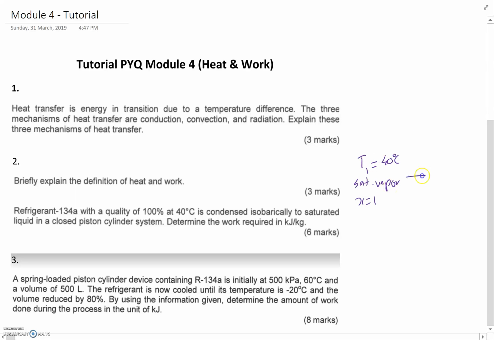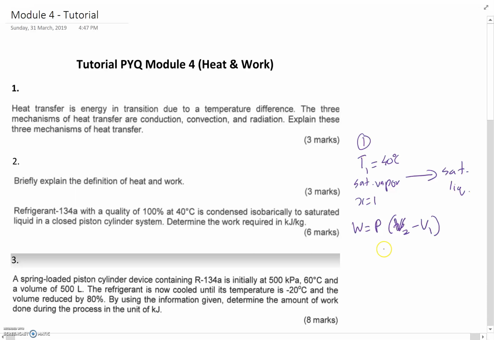And it is condensed isobarically to saturated liquid, so everything has changed into saturated liquid. What is the requirement of the question? It is to find work. Work equals to P dV, which is also equal to P(V2 minus V1).